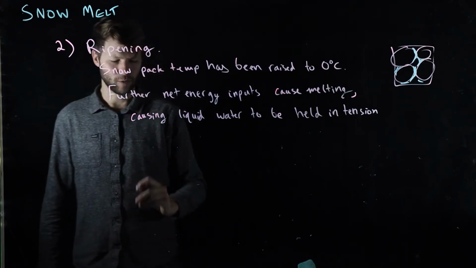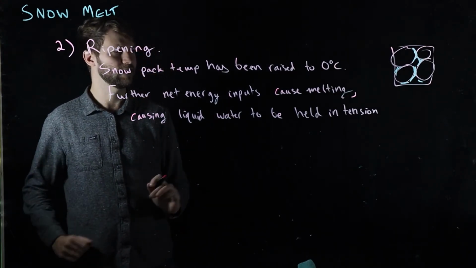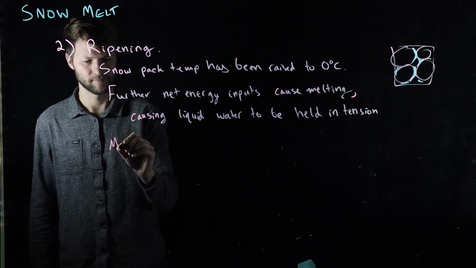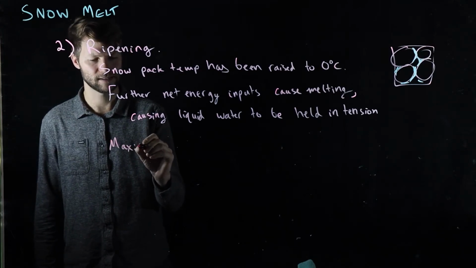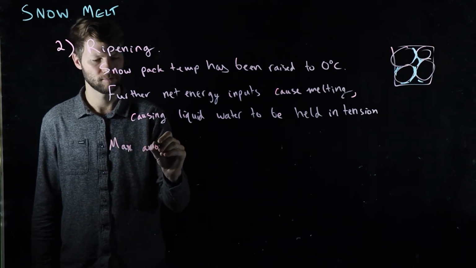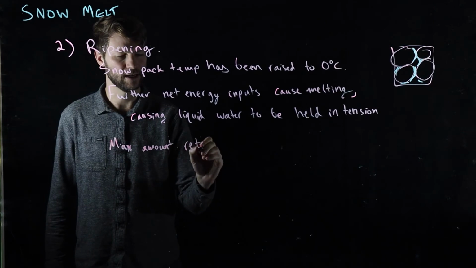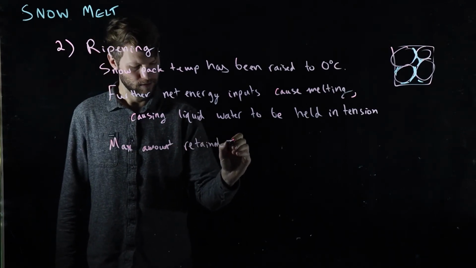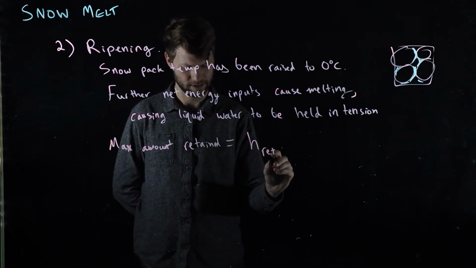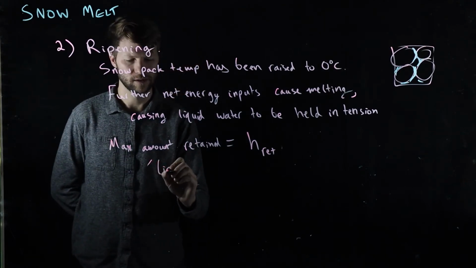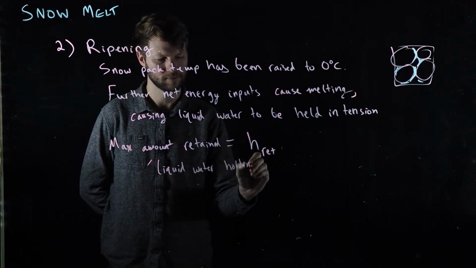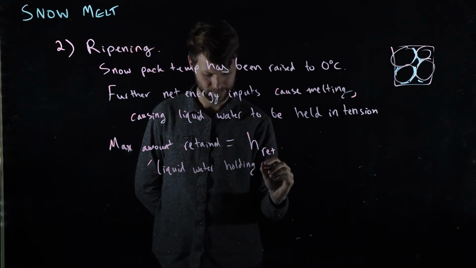The maximum amount of water that you can melt and have retained against gravity is known as the liquid water holding capacity. So the max amount retained we'll define as H sub RET for retained, and we'll call this the liquid water holding capacity.